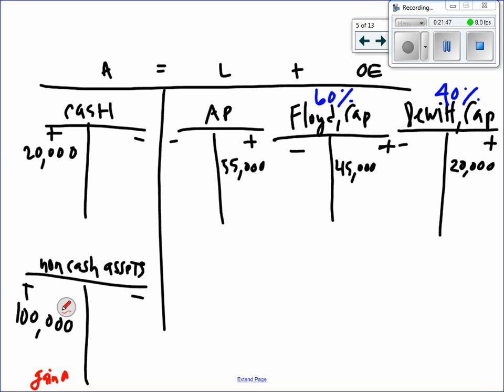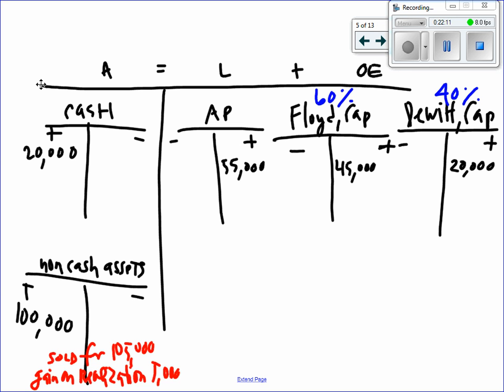Gain on realization, $5,000 because we sold for 105 and they were valued at 100. Okay, cool. Are we set up now, ready to go?